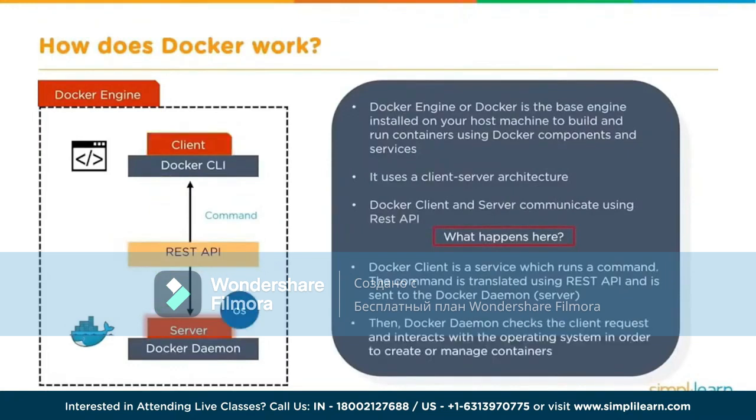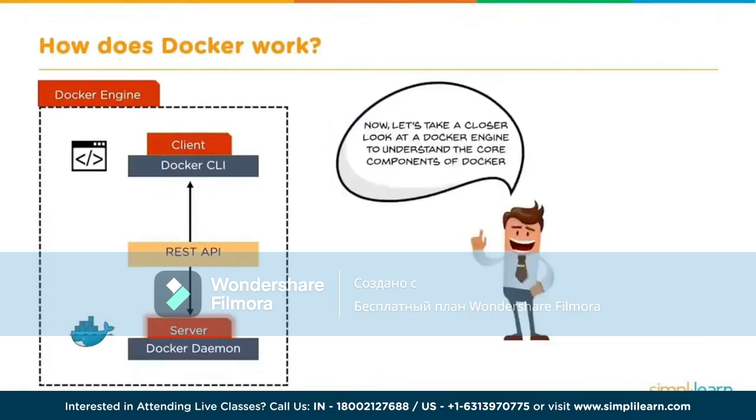The Docker server will then check out the requests, and the Docker daemon, which runs on the server itself, will check out the interaction and the necessary operating system pieces needed to be able to run the container. Okay, so that's just an overview of the Docker engine, which is probably where you're going to spend most of your time. But there are some other components that form the infrastructure for Docker. Let's dig into those a little bit deeper as well.